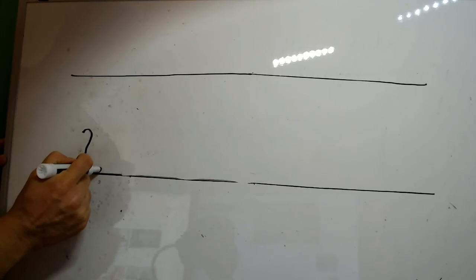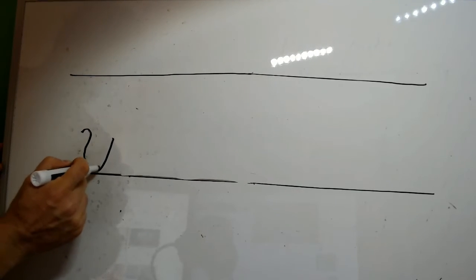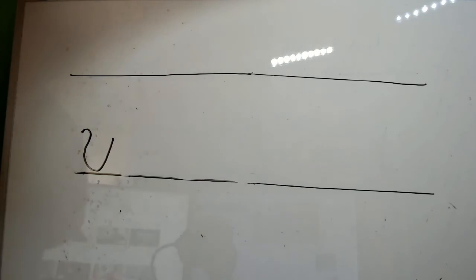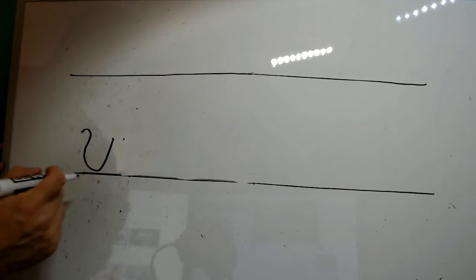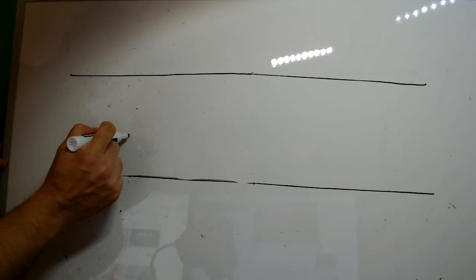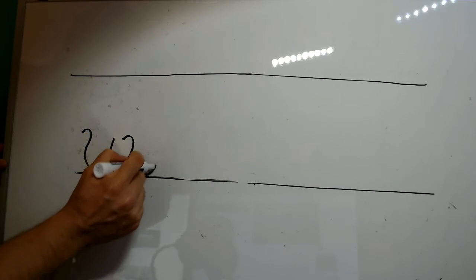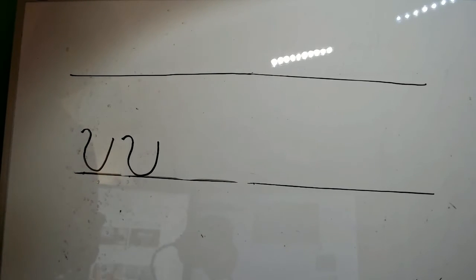Come down to the bottom and make it nice and curved on the bottom, and there you have upsilon. So once more, I'm going to start in the middle, little hook towards the top, and then drop towards the bottom, and make it nice and rounded on the bottom.